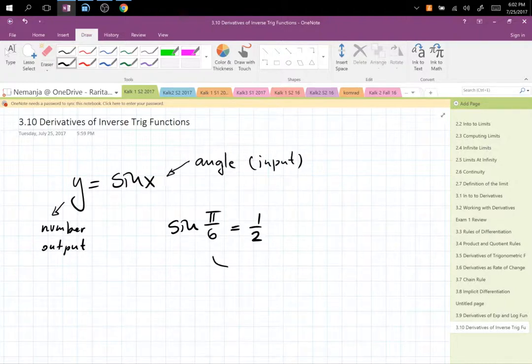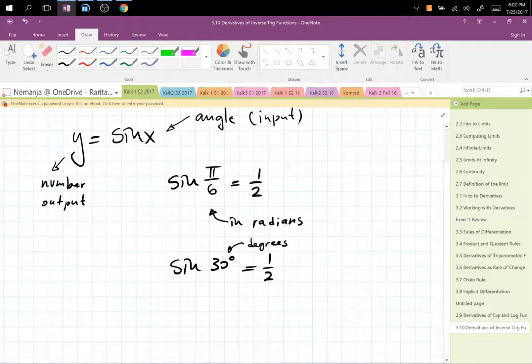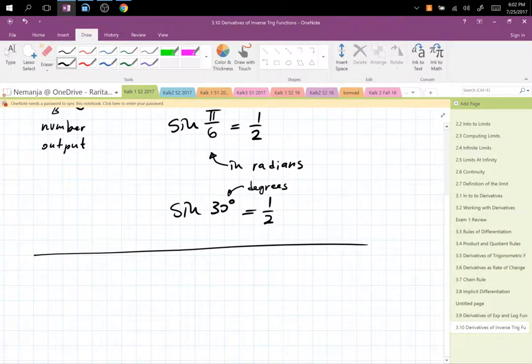Now pi over 6 is in radians. You can also say sine of 30 degrees is equal to 1/2, in which case this is in degrees. So we can loosely write that sine of the angle is equal to a number.